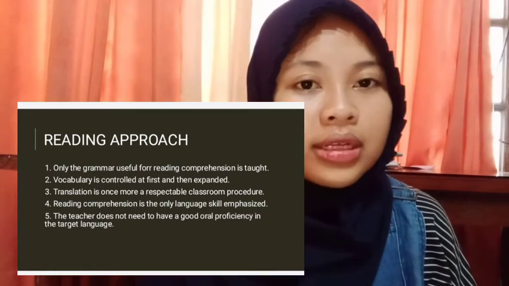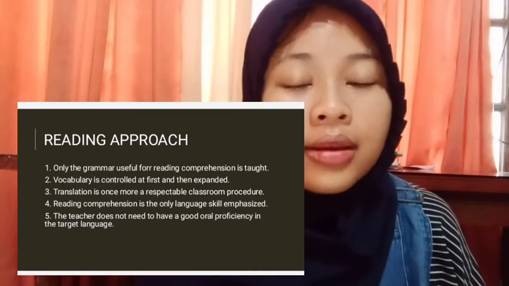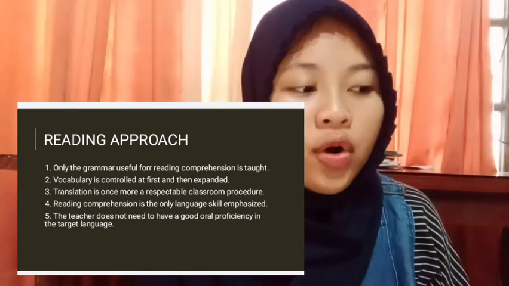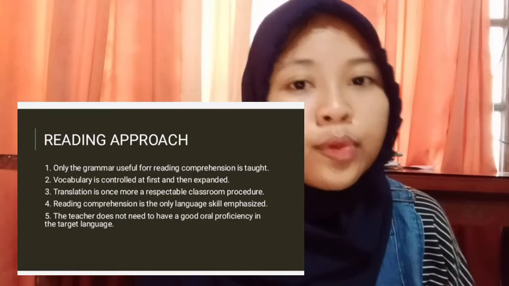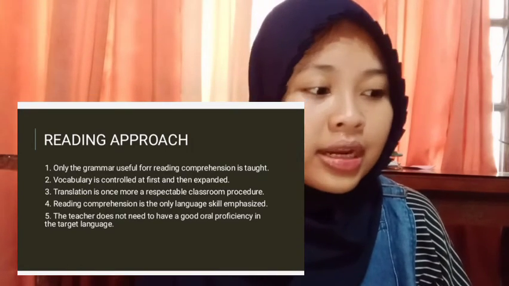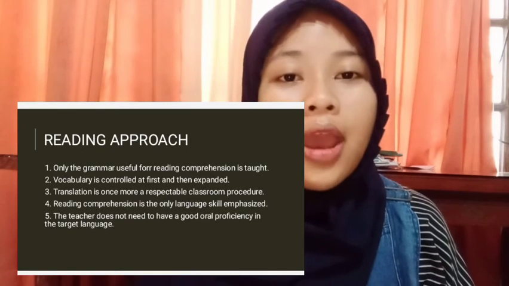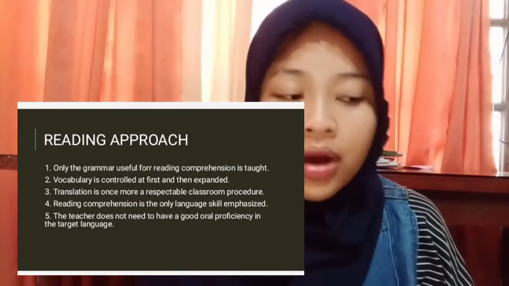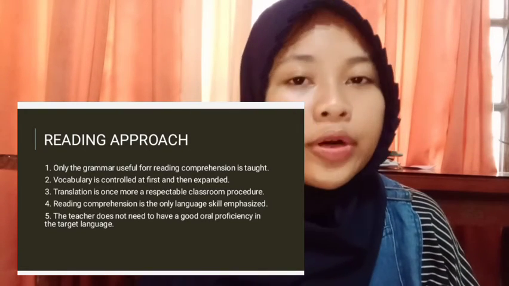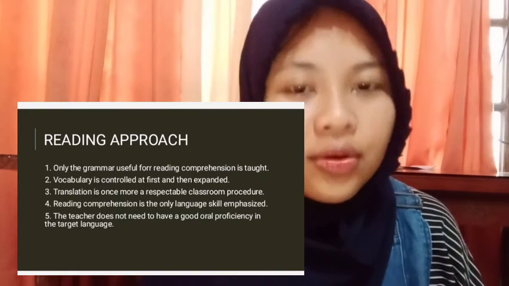Vocabulary is controlled at first and then expanded. 3. Translation is once more a respectable classroom procedure. 4. Reading comprehension is the only language skill emphasized. And the last, 5. The teacher does not need to have good oral proficiency in the target language.